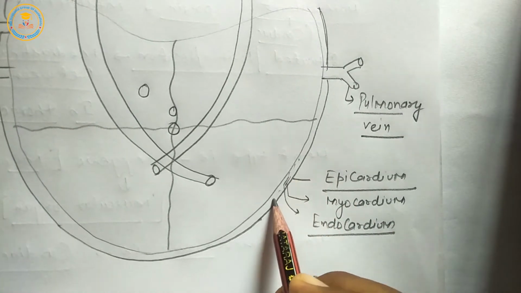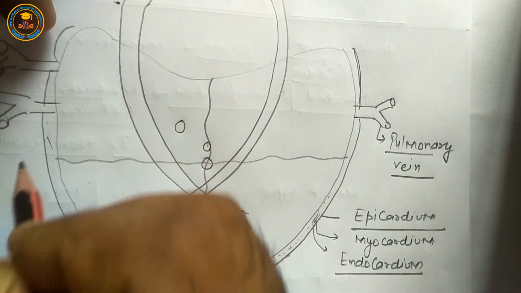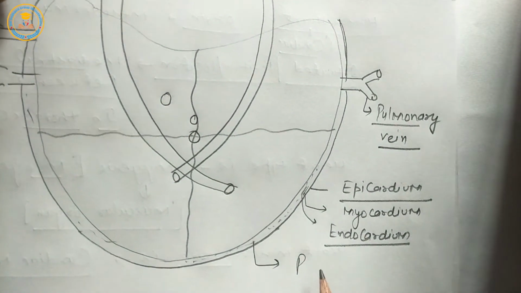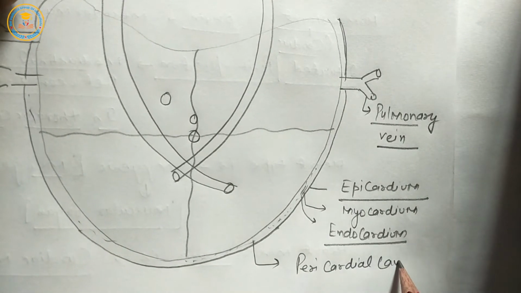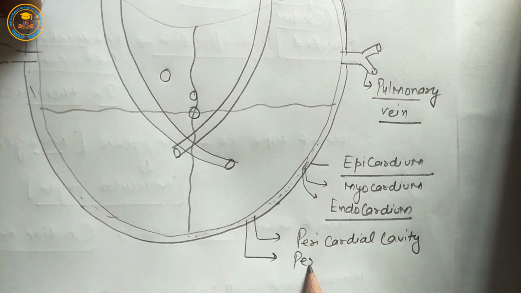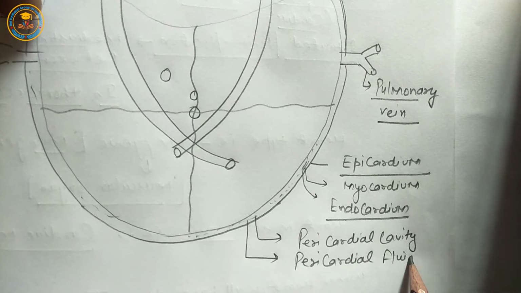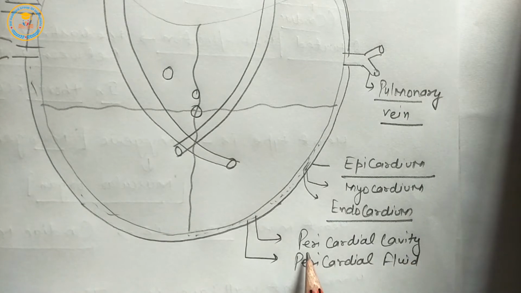Next, it is a cavity, it is called pericardial cavity. In this cavity, there is a specific fluid, called pericardial fluid. Once again, human heart has a specific cavity in the peripheral part, the outer part.